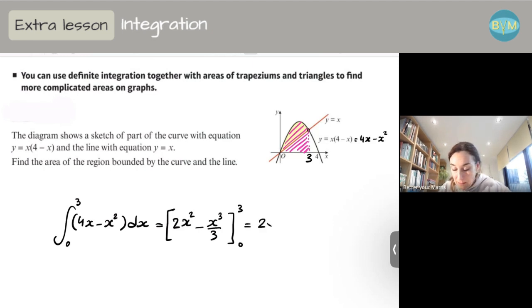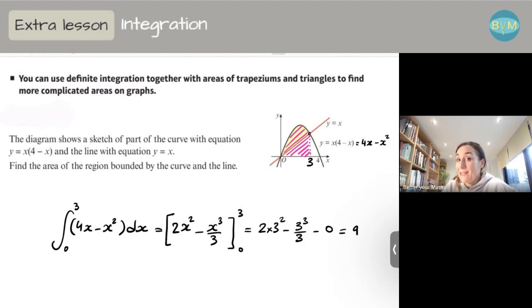So I have 2 times 3 squared minus 3 cubed divided by 3 minus 0. When I substitute the 0, I will have 0. It's 18 minus 9, so 9. This is the area that I color here in pink.